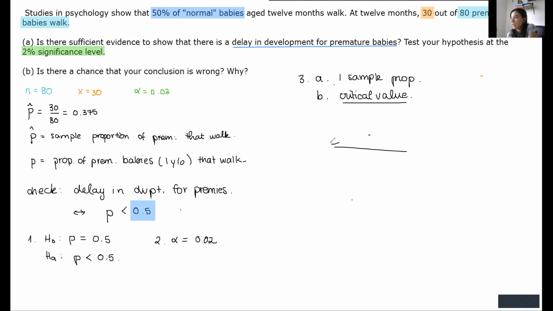So that means if I look at my distribution like this, then what's extreme in this case, I will have enough evidence if the proportion for the premature babies is small enough, right? So if I have a small enough value over here, and so that means that this is what I'm trying to look for, where this is 2%. Does everybody understand that? Please raise your hand if you do.